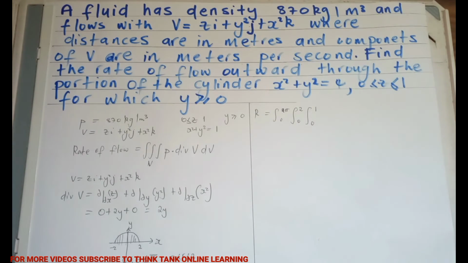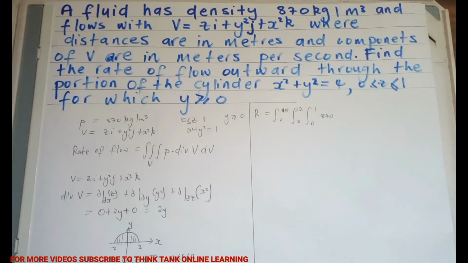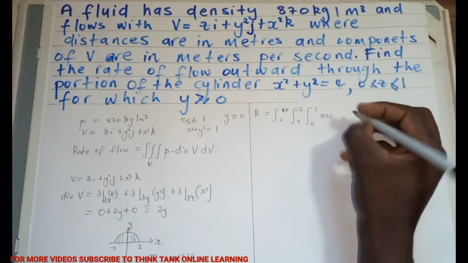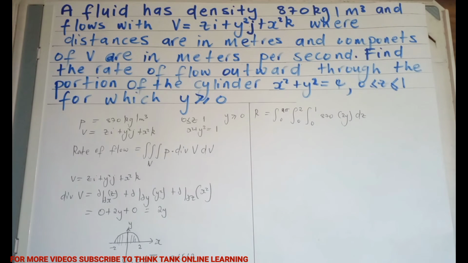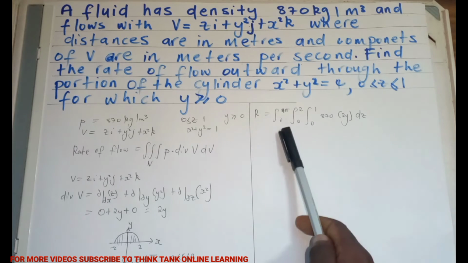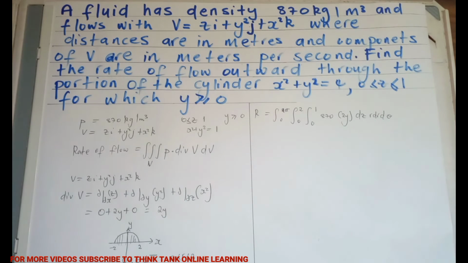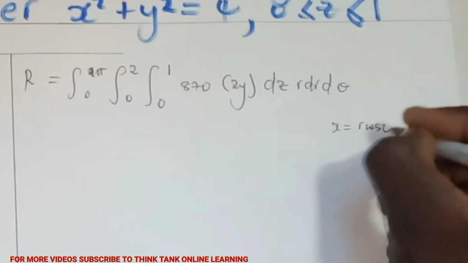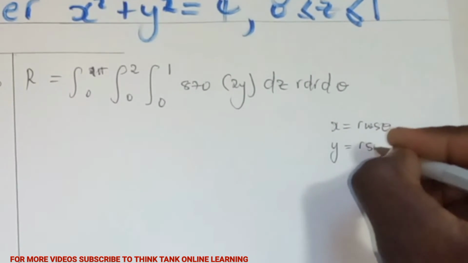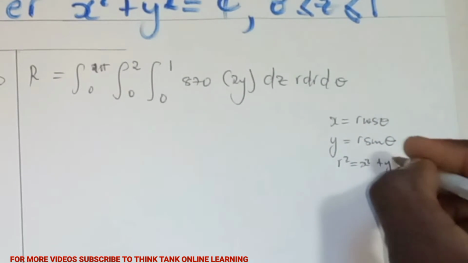Then what is the density? The density is 870. What about the divergence of v? That is 2y, and then dz. Since I've converted my coordinates to polar coordinates, dy dx is going to be r dr d theta. So this is what you have to know: x equals r cos theta, y equals r sin theta, and r squared equals x squared plus y squared.